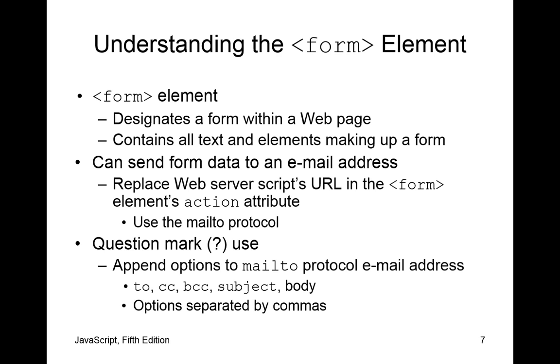In order to email someone, you have to have who you're mailing it to. So you use the append of the mail to action, or put the mail to on the action attribute, and then underneath there you can assign a to, a CC, the blind courtesy copy, the subject, attachments, files, memos.